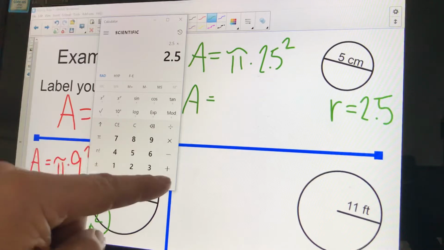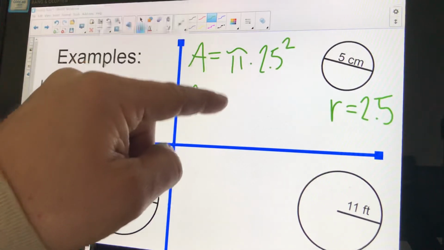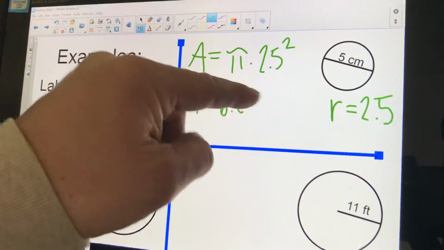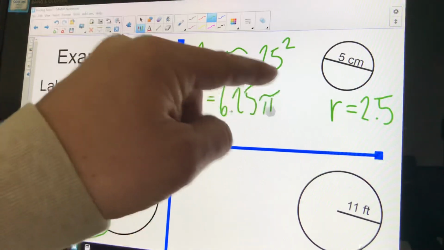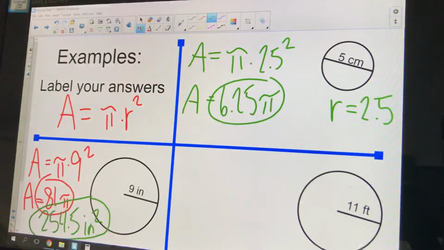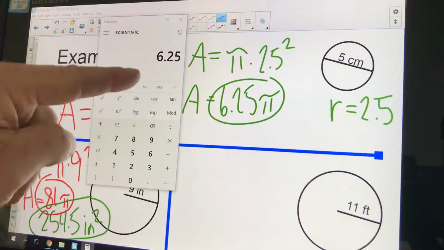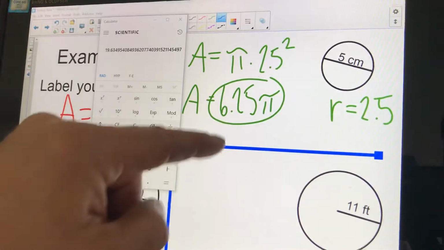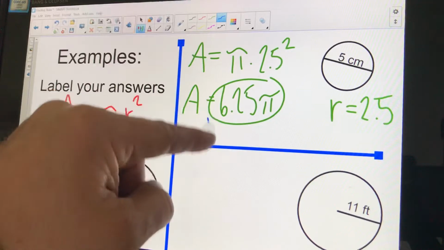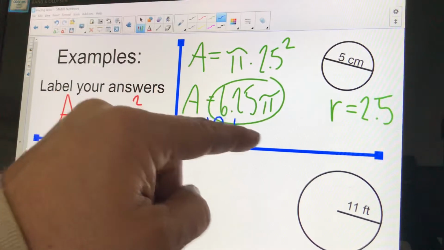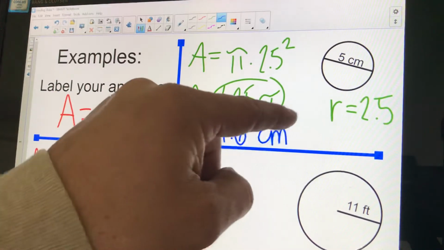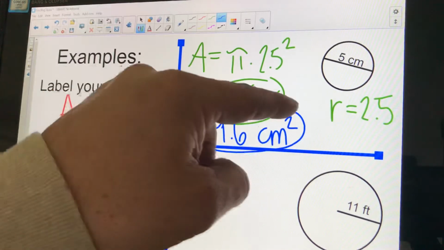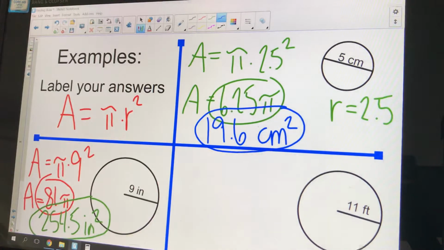So I need to do 2.5 times 2.5, which is 6.25 pi. There's one of my answers. The other answer is found by actually multiplying those. 6.25 times pi is 19.6, and it's centimeters. Because it's area, we're going to do centimeters squared.